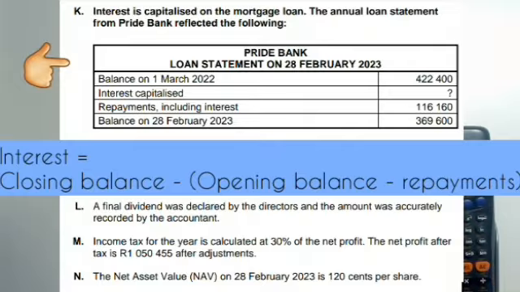To calculate your interest, you say interest is equal to balance at the end, minus, open bracket, balance at the beginning minus repayments. These repayments must be the repayments that include interest. Otherwise, you will have to use a different formula. We will find a question like that in future for you to be able to use it.